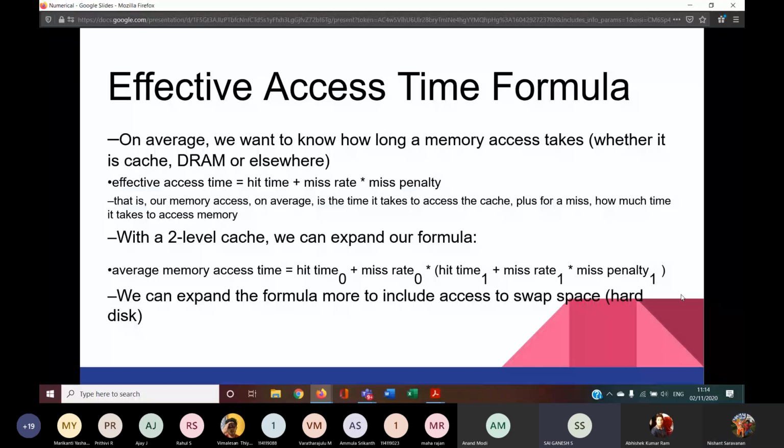So the total average time taken is given by the formula: hit rate into hit time plus miss rate into the sum of hit time and miss penalty. This simple formula could also be extended for memories with many levels.